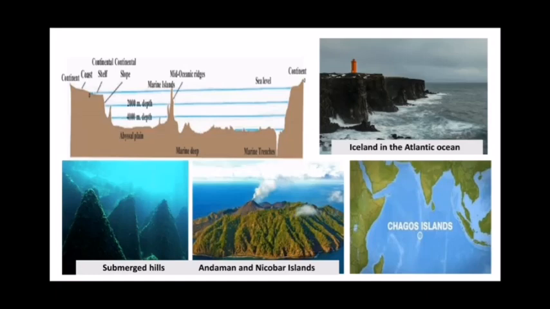Now, they are called the oceanic or submarine plateaus. So children, the marine islands that are flat and extensive are called oceanic or submarine plateaus because they are flat on top. For example, we have the Chagos Plateau in the Indian Ocean. You can see that in the picture.